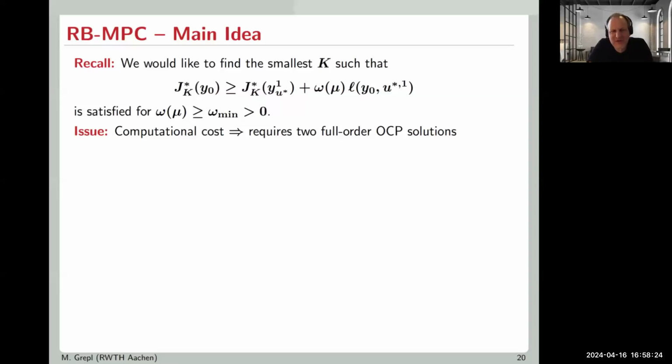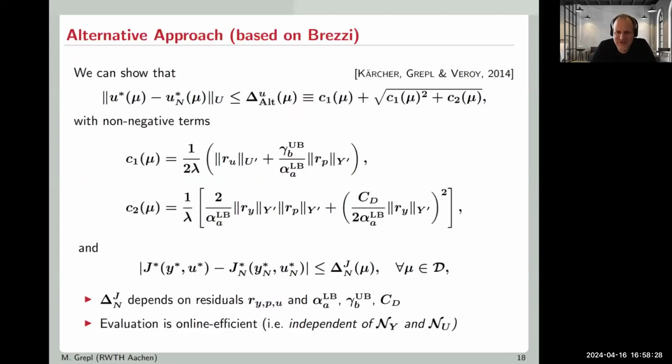Well, what is really crucial again are those bounds on the cost function that we require. And as you said, if we want the MPC approach to be certifiable, we need this bound here to be certifiable. Of course, it doesn't really matter where your reduced basis comes from. You can do a POD basis, you can do a balanced truncation basis.